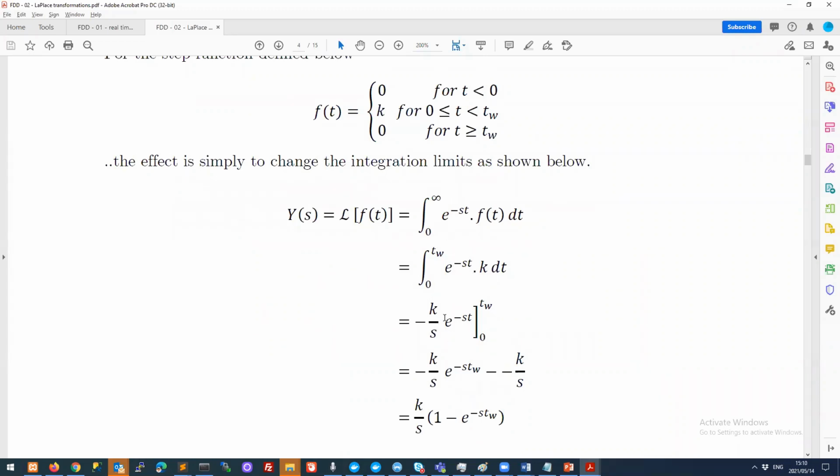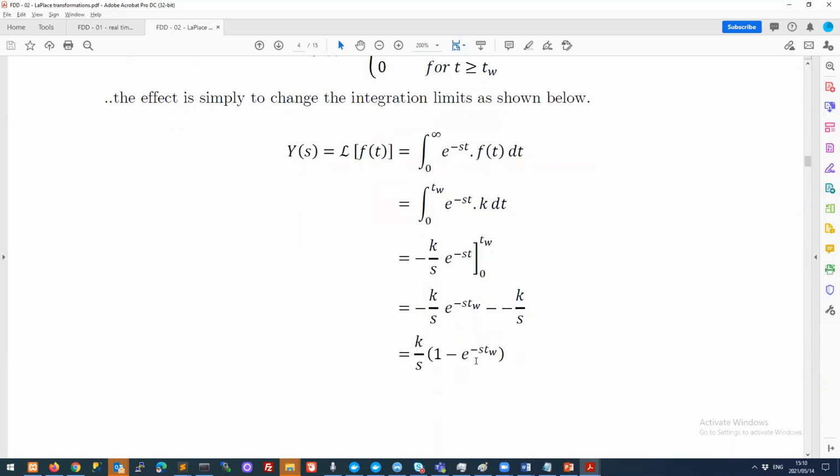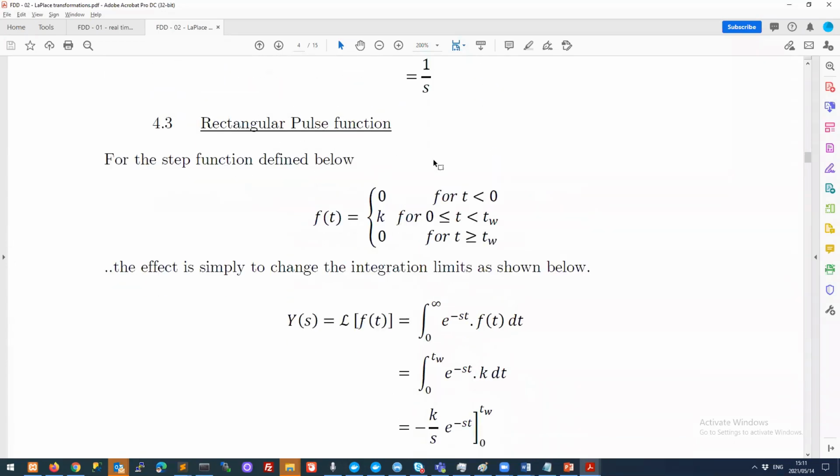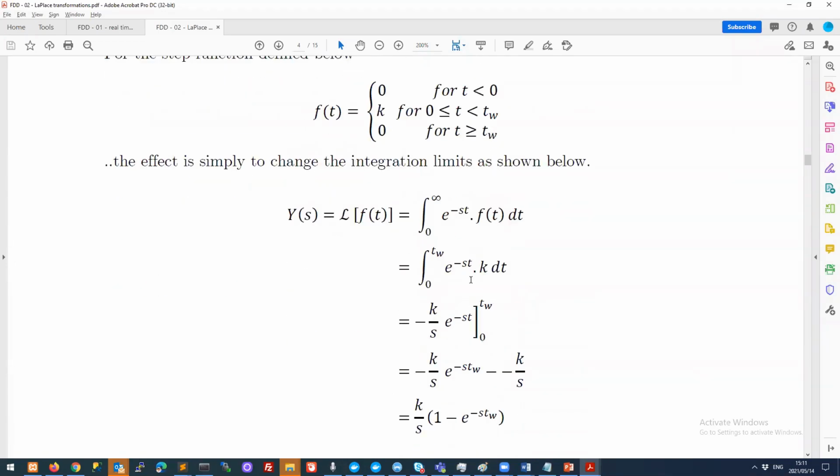And so if you stick that in there, now you don't have e to the minus infinity. You've got e to the minus stw. So you have to keep that upper limit, and then you have minus the k over s e to the minus s times 0 here. So that part is there where this e to the minus st is a 1. And so it looks like this. So for your rectangular pulse function, it looks like this.